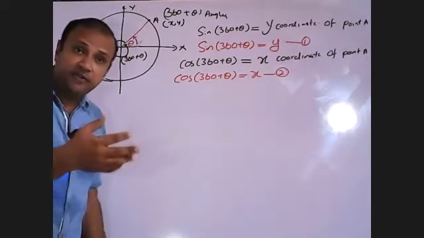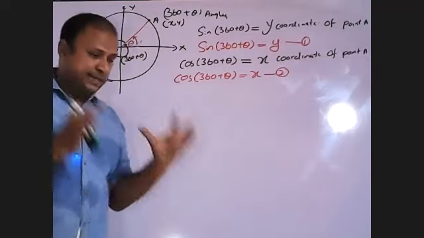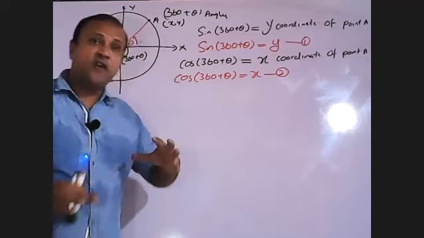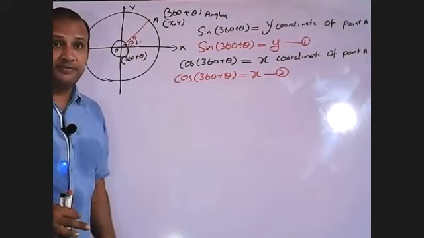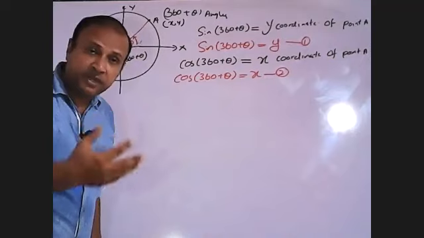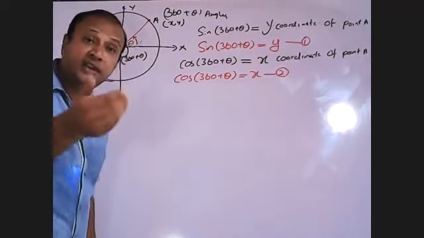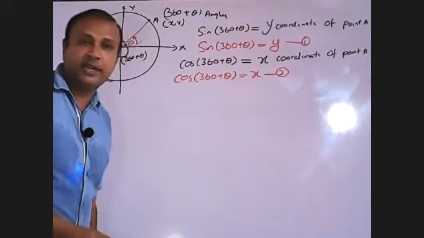So, how to do the second half? Now you have to derive the trigonometric ratios of angle theta. If you want to derive the trigonometric ratios of angle theta, you have to have a right angle triangle.